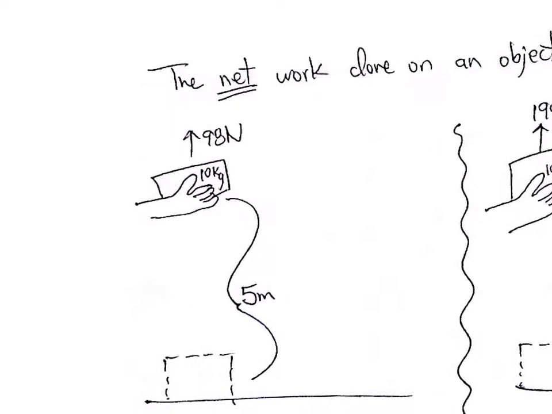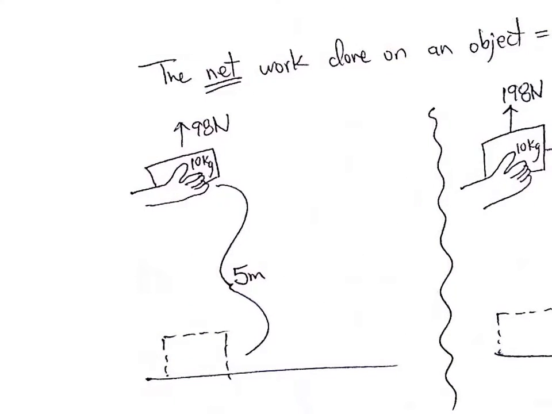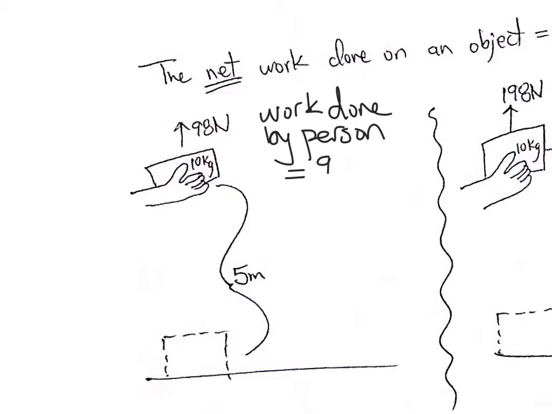So if we look at our first situation, the box has a mass of 10 kilograms and so a weight of 98 newtons. And if this person lifts the box 5 meters up, so that's like 15 feet, carrying it up to the second story, we could say that the work done by the person is equal to the force times the distance.